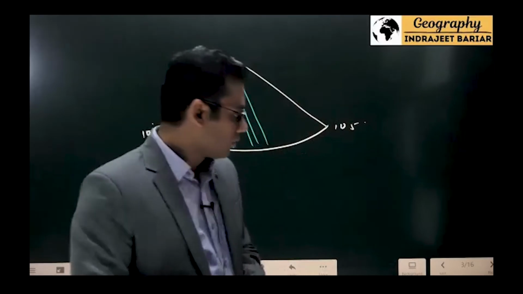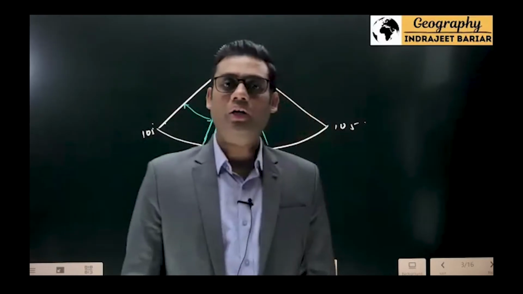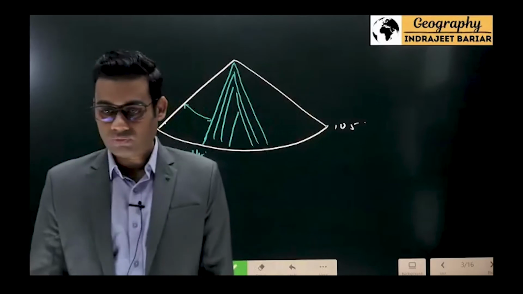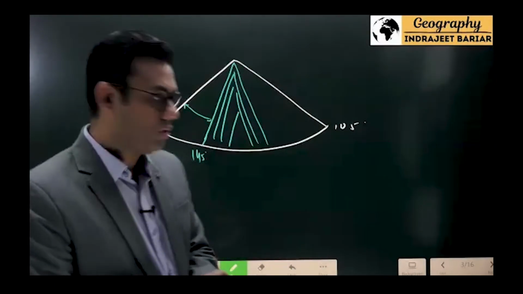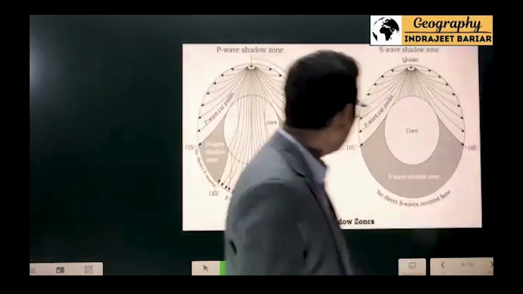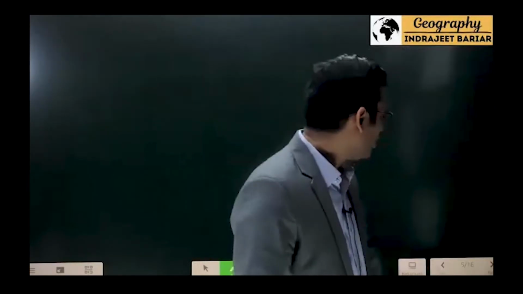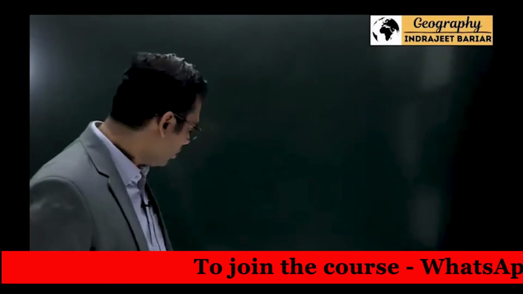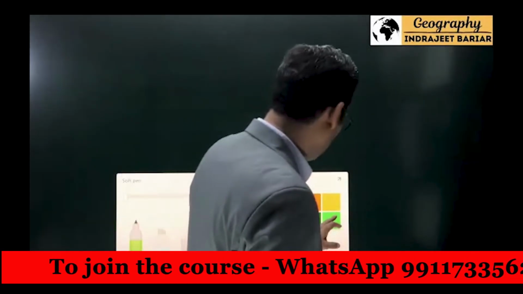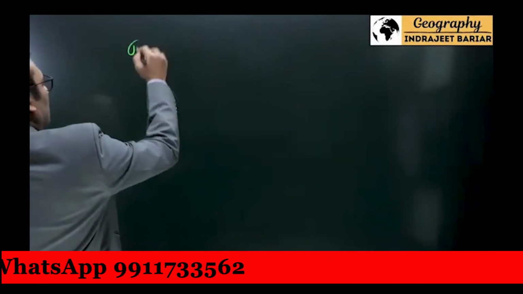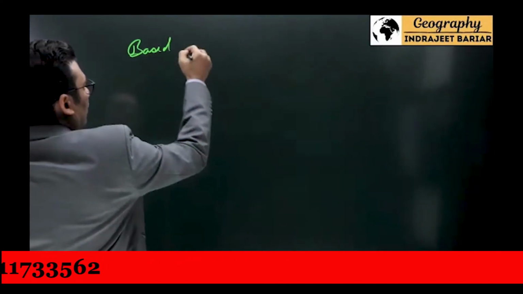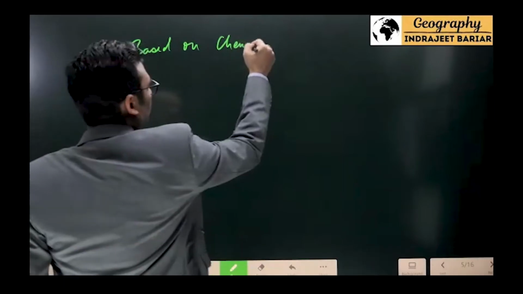Now, based on this, when we talk about the interiors of the earth or internal structure of the earth, what lies in the interiors of the earth? Overall, the interiors of the earth can be divided or identified based on two major factors. The first one that we identify is based on chemical composition.